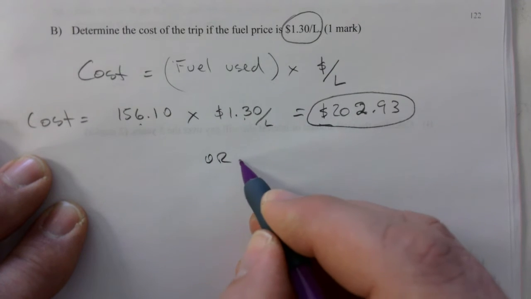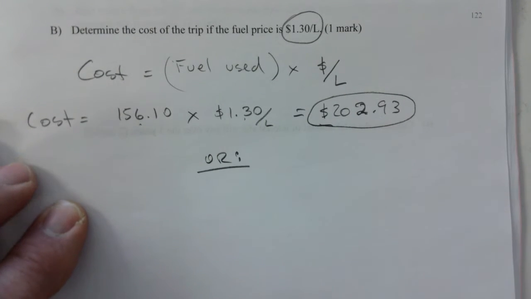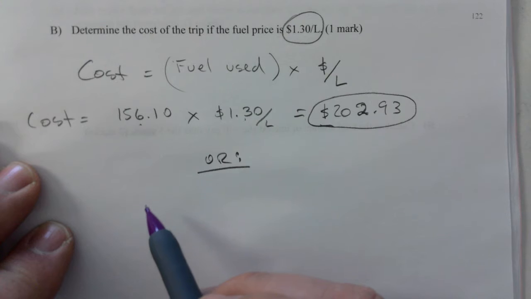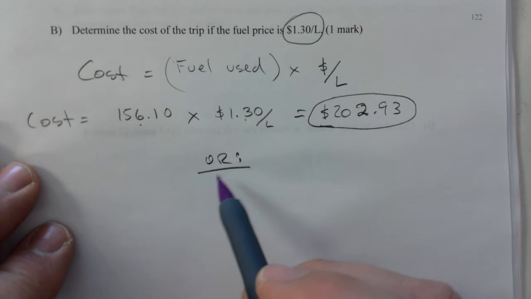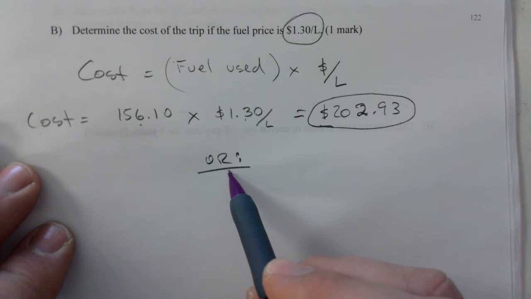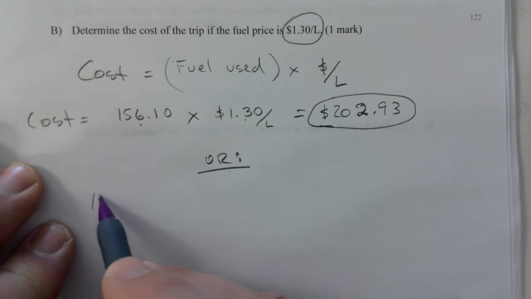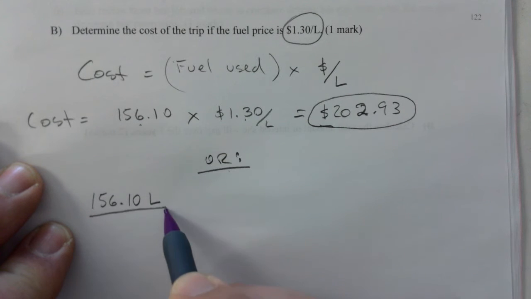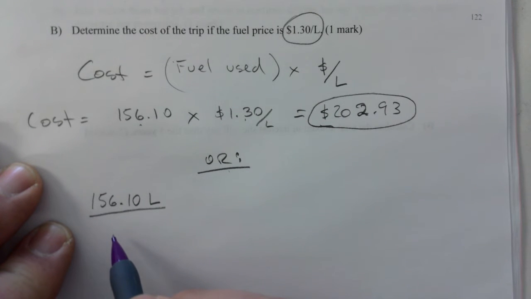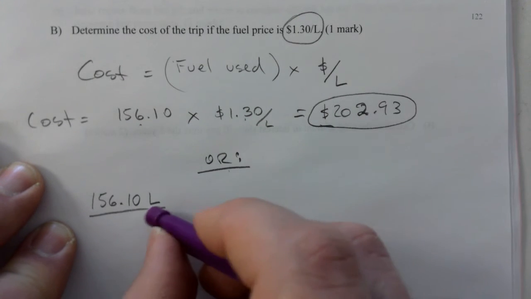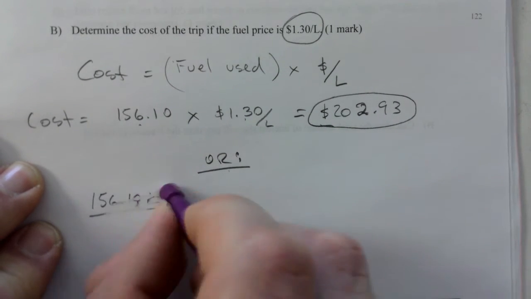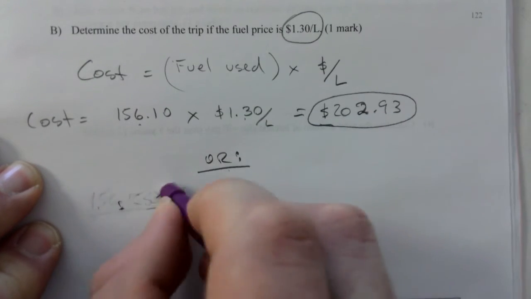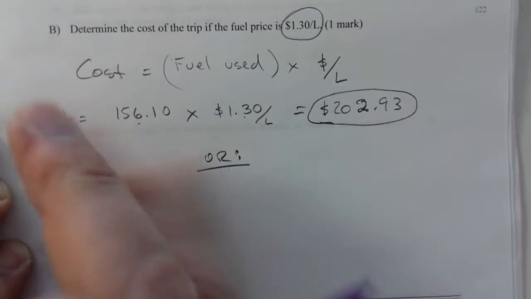Or an alternate solution would be, okay, if you used 156.10 liters to travel, what was the distance there? No, I'm sorry. I'd rather set it up the other way. This wasn't wrong, but I'd rather do it the other way.